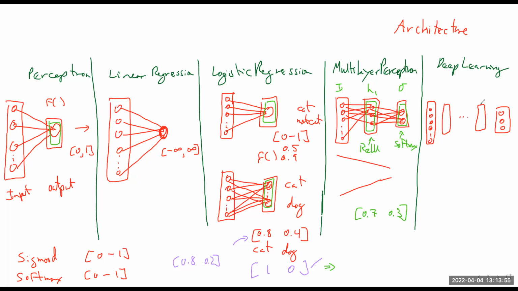Now, is it guaranteed that the more layers you throw at a problem, the better it'll do? What do you guys think? Not necessarily, right? The performance usually goes like that, and then eventually starts to do this, right?